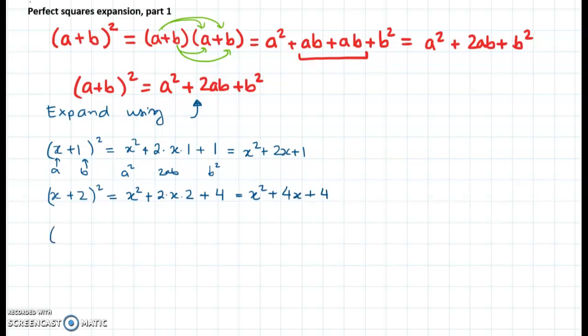Let's say we are trying to expand 3x plus 1, all of that squared. So now our a is all of 3x, so we need to find what is 3x, all of it squared, the brackets are important here, plus we have 2 times 3x times 1 plus 1 squared, which is actually 1.